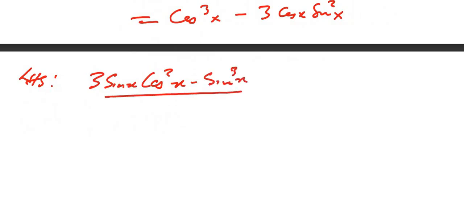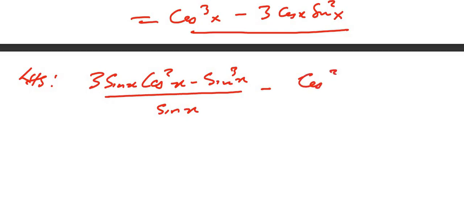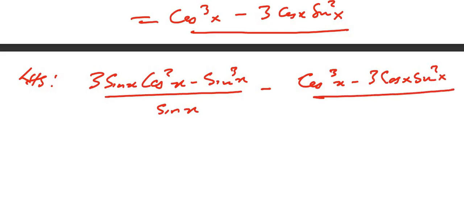Then down we had a sine x. Minus, for this cos 3x, we got cos cubed x minus 3 cos x sine squared x. This here is being divided by the cos x.